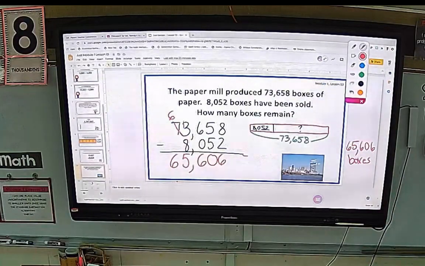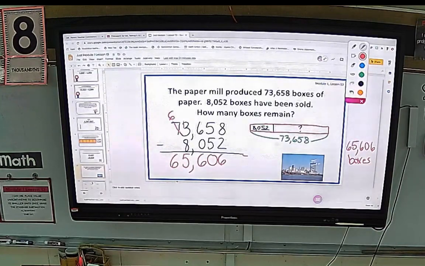You could have, you ready for this? The paper mill now has 65,606 boxes remaining. You could have written some fancy sentence like that. But if you just had the word boxes, that would be perfectly fine.